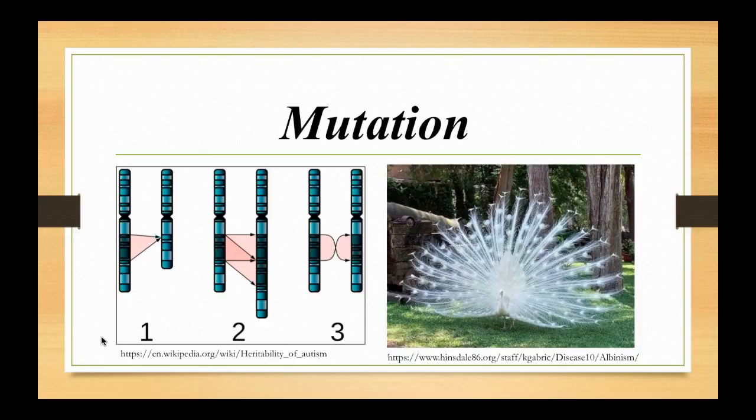On the negative side, new mutations are much more likely to be harmful than beneficial to the individual. Mutations often cause diseases, disorders, and a lot of different bad consequences. So more likely, a mutation will cause negative results.